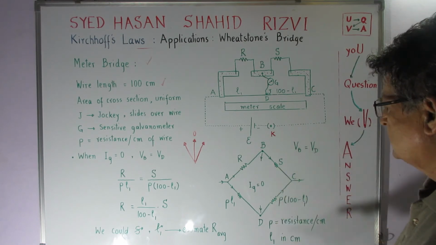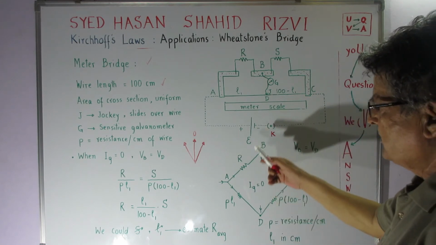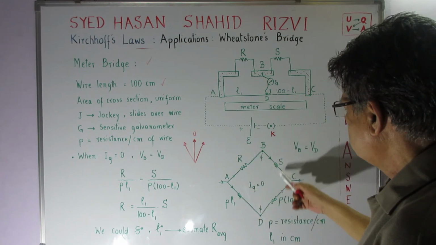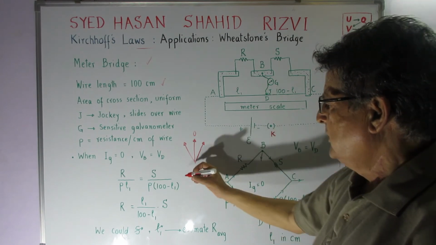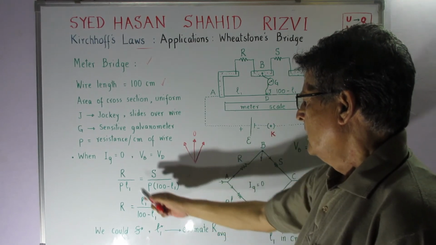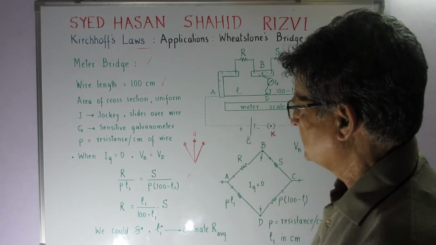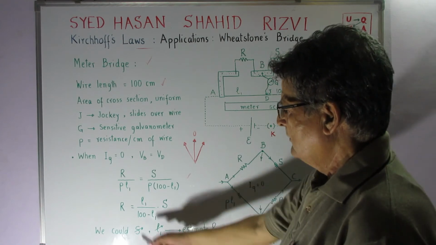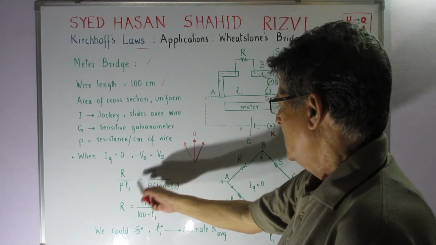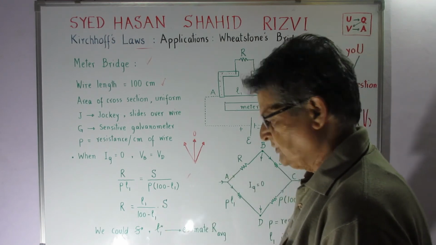From the condition of the Wheatstone bridge, this upon this is equal to this upon this. So I write the equation R upon rho L1 equals S upon rho into 100 minus L1. So rho and rho will cancel out, and I can write the value of R as equal to L1 upon 100 minus L1 multiplied by S.